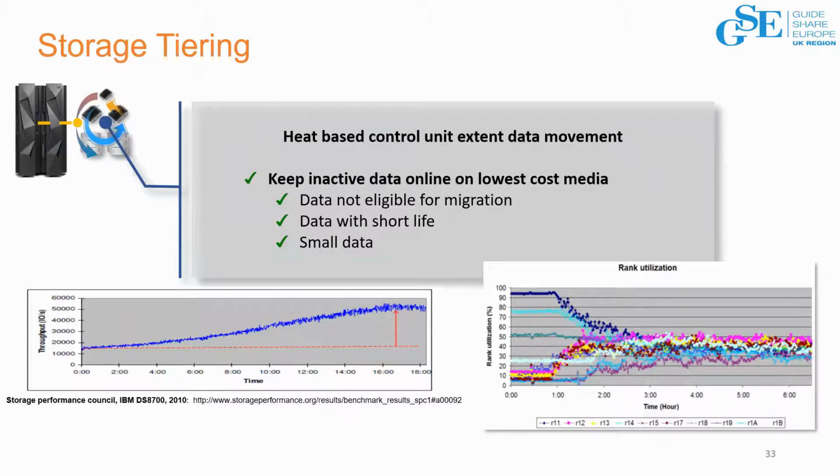This diagram on the left shows how over time an Easy Tier device balances data across ranks to maximize throughput and efficiency. And the diagram on the right shows that over time, the controller learns and balances the data, and your throughput is improved. So clearly, storage tiering provides an efficient and cost-effective means of storing your data.